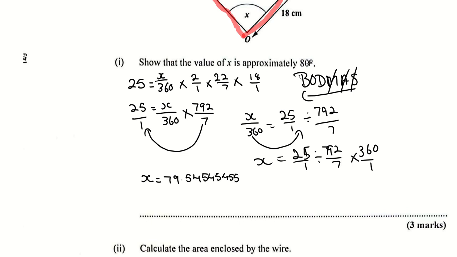And I approximate this to the nearest whole number. 5 is more than 1, you add 1, so that's 79 plus 1, so x is equal to 80 degrees. And that would be your answer for this question. Do we see this? Are we understanding this? Or are we confused?